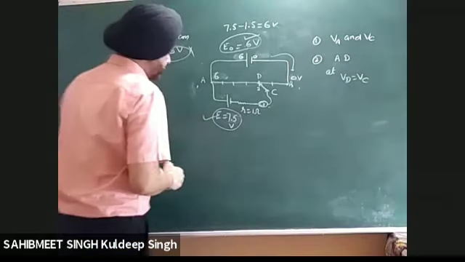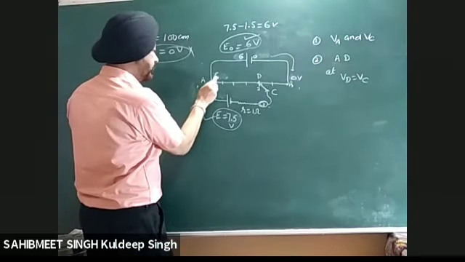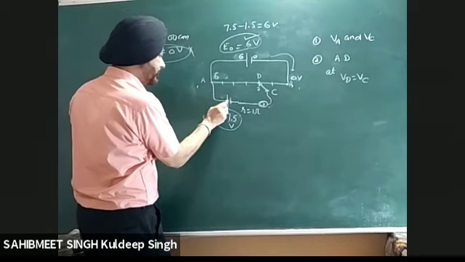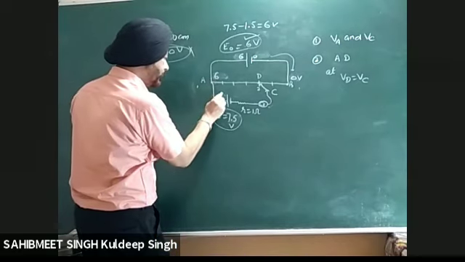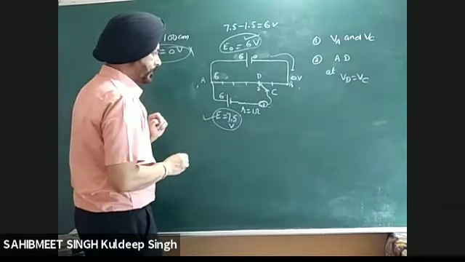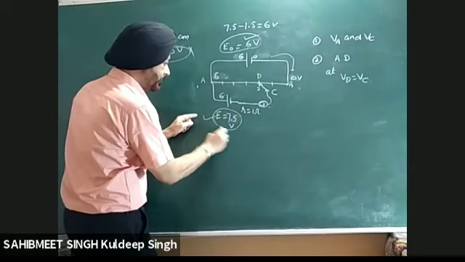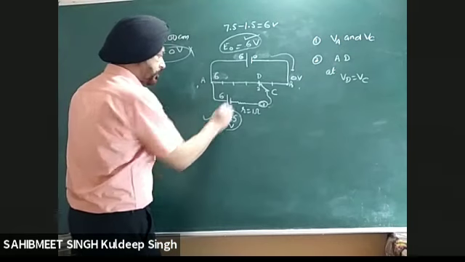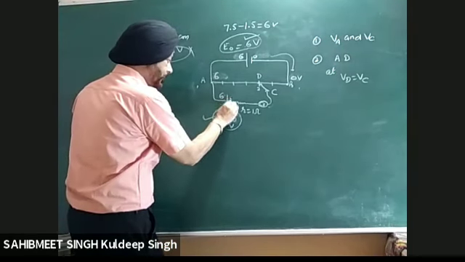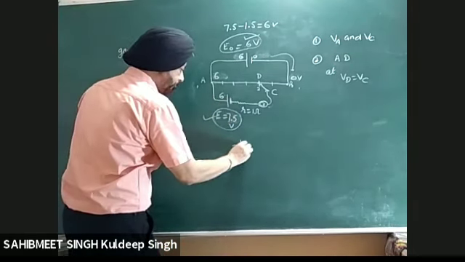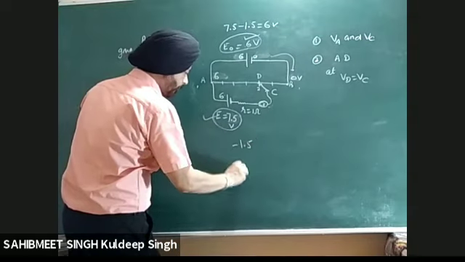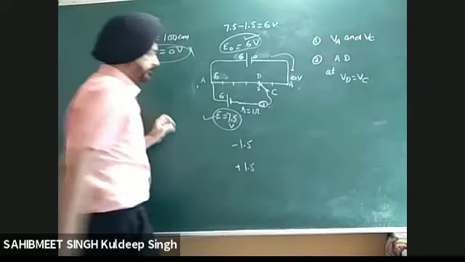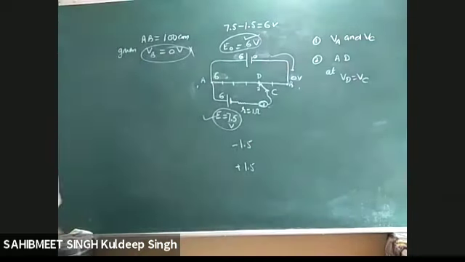Now the question is, when you give 6 volt here, this terminal will be at 6 volt. But how much do you need? You need 7.5. So should I give the second terminal, the negative terminal, minus 1.5 or plus 1.5? What should I give to it?